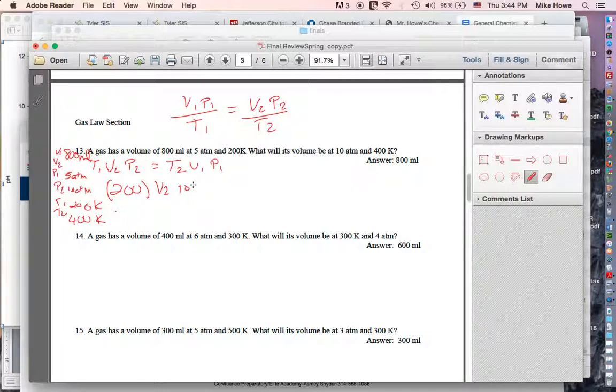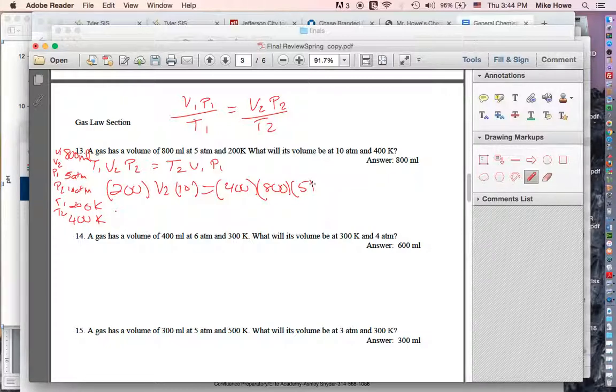Making a little chart helps you keep your units and numbers organized. Over on this side, T2, 400 K. V1, 800 milliliters. And pressure 1, 5 atmospheres.